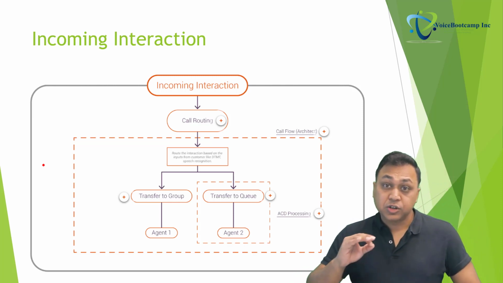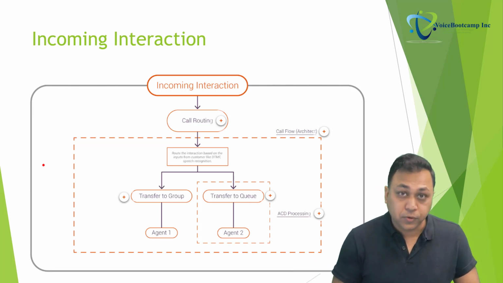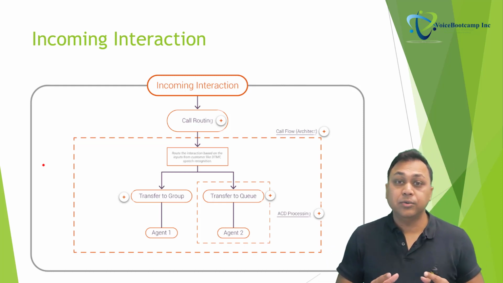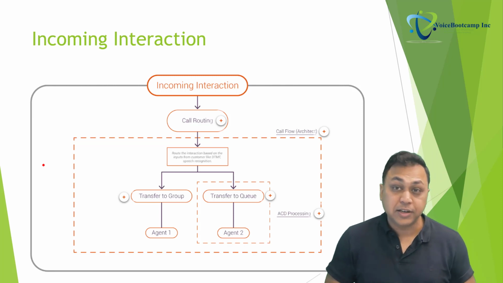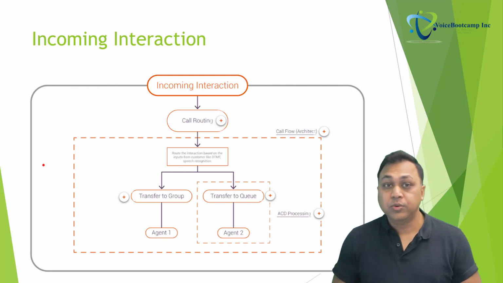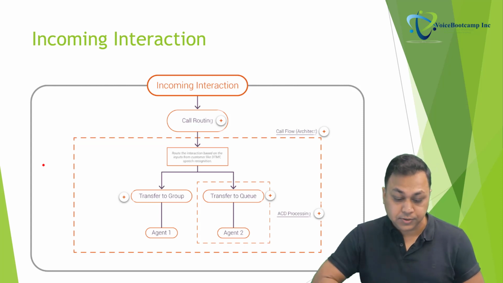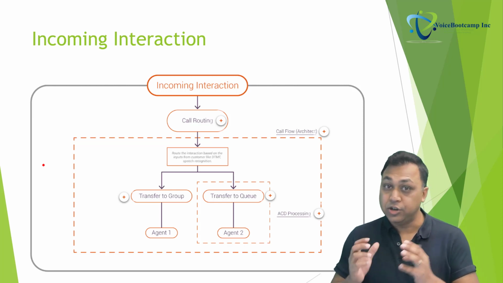So the last terminology that you need to be familiar with is the interaction flow. In Genesys, you will have a call that is routed. Genesys Cloud will route all incoming interactions to the appropriate queue based on the type of interaction and the call flow configurations. For example, calls are routed via an inbound call flow in Architect.